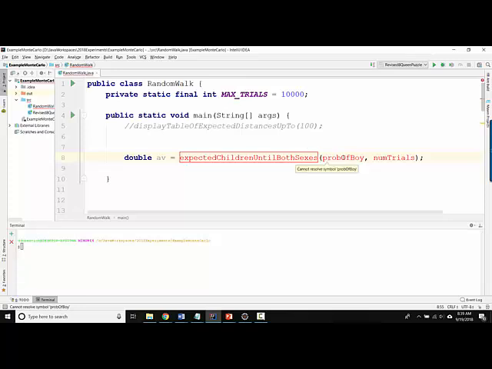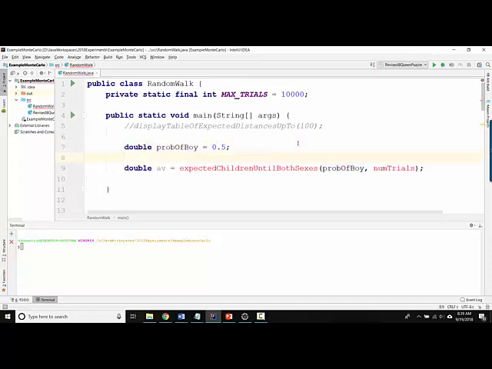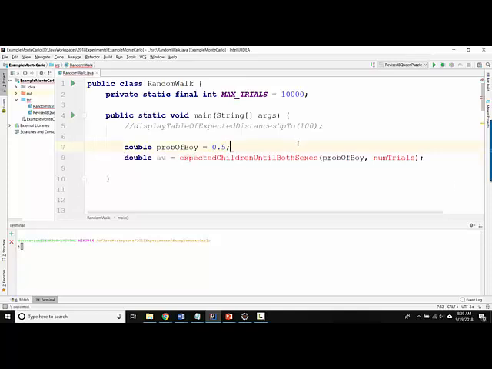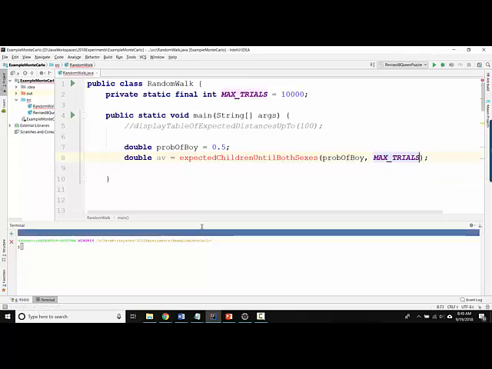And then I'm going to create, I guess I'll create them here. So probability of boy, let's make it 50%. And instead of num trials, let's just use max trials, which is already a constant I've created.